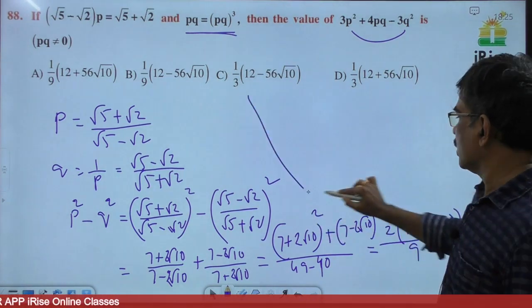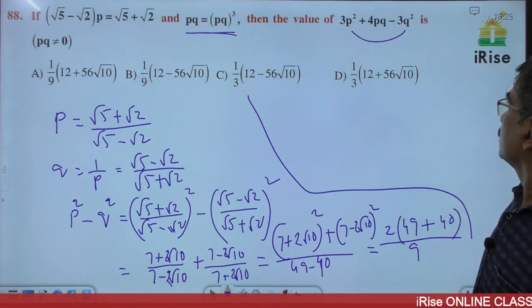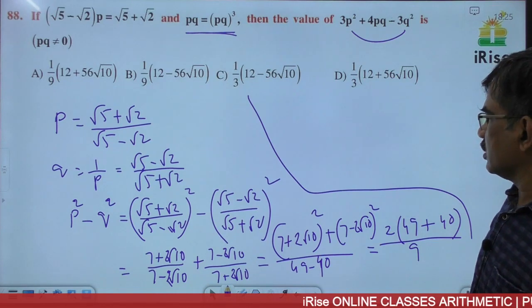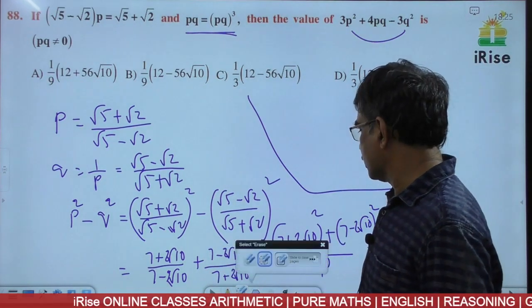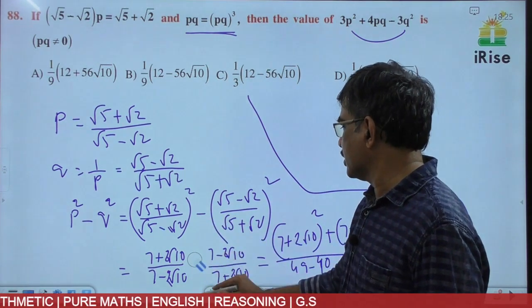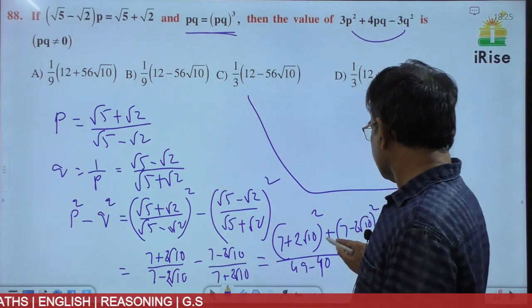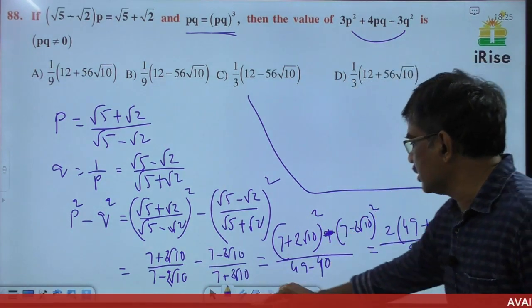So therefore, what is the answer for this question? 3 p square, sorry. Here, if this is minus, I want to write minus here. This is also minus.